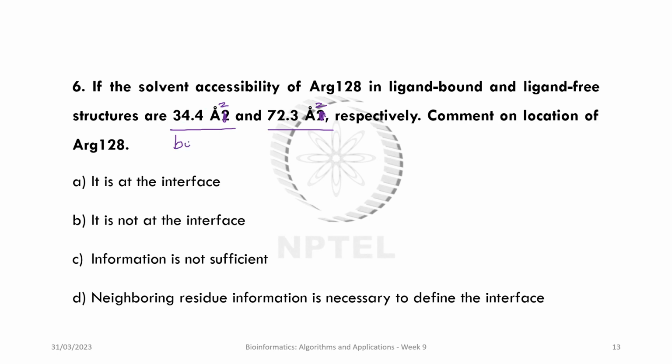So this is bound, this is free. Option A, it is at the interface. Option B, it is not at the interface. Option C, information is not sufficient. Option D, neighboring residue information is necessary to define the interface. Thank you, Nagamani.